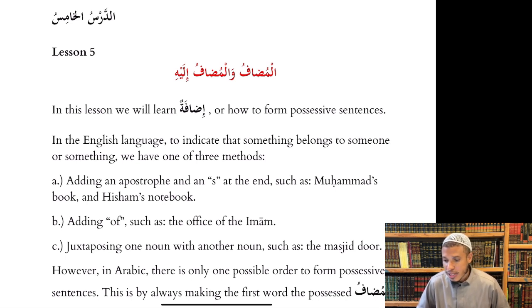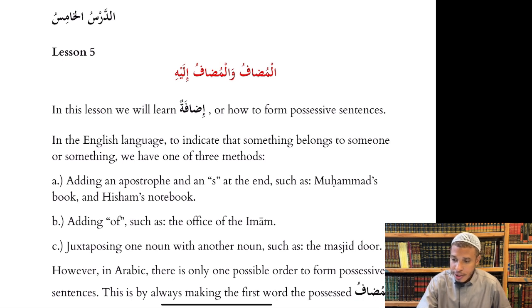In the English language, if we wanted to indicate that something belongs to someone or something, there are one of three methods. One, adding an apostrophe and an S at the end, such as Muhammad's book, or Hisham's notebook.